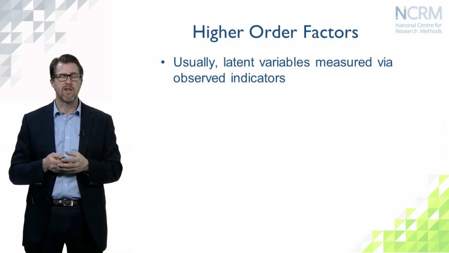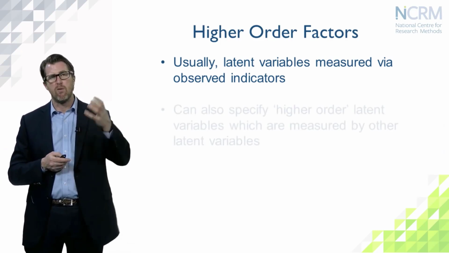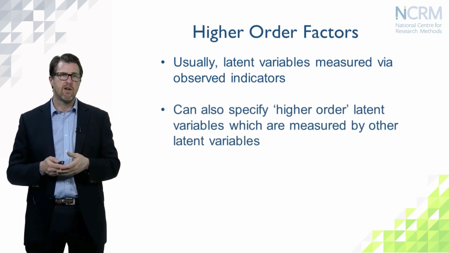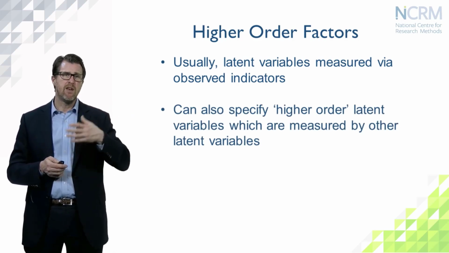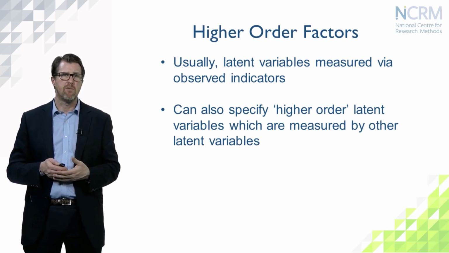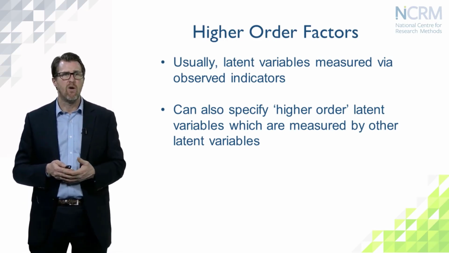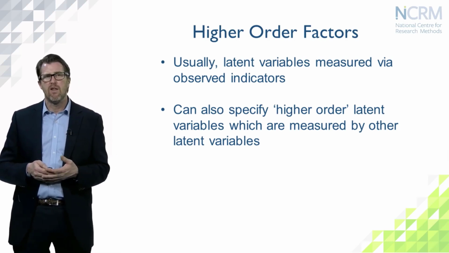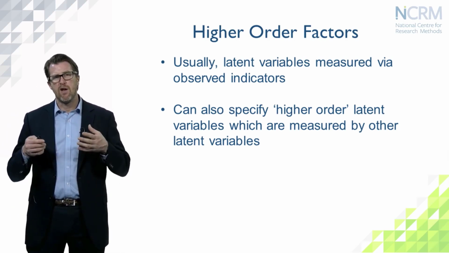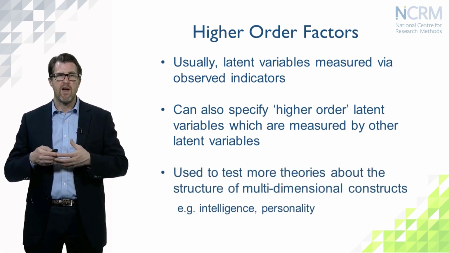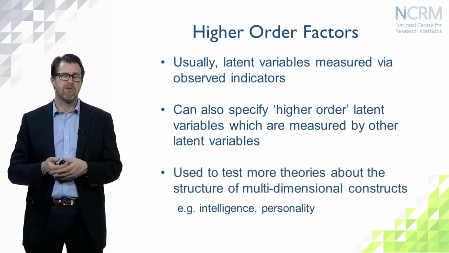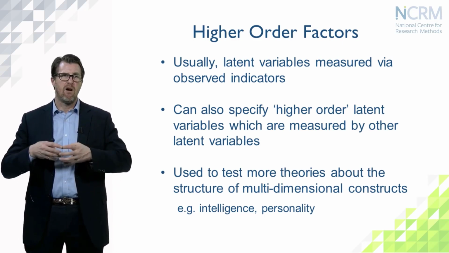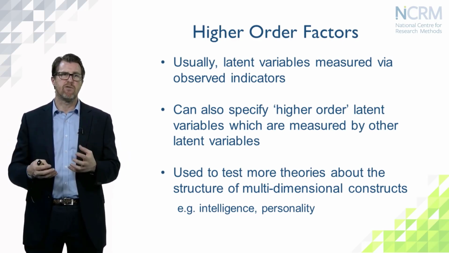We have to have observed indicators at some point in the model, but once that first set of latent variables are measured, then a higher order factor can be added, which is a function of the first stage latent variables. Now, this is an approach which is often useful when our theories are not so much about the relationship between variables, but are about the dimensional structure of the data.